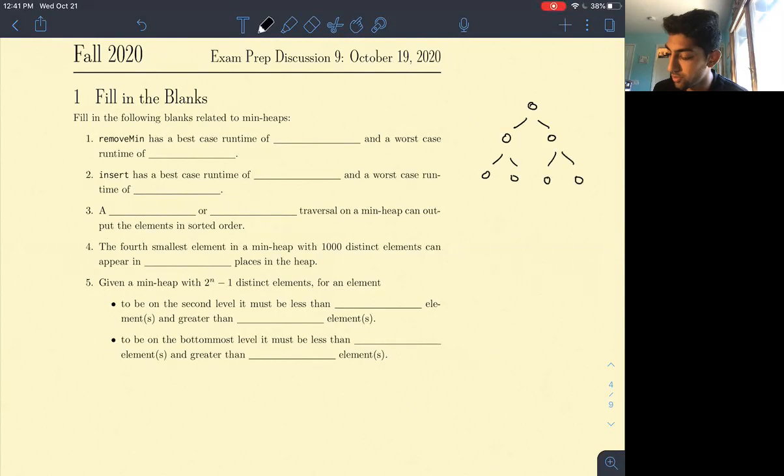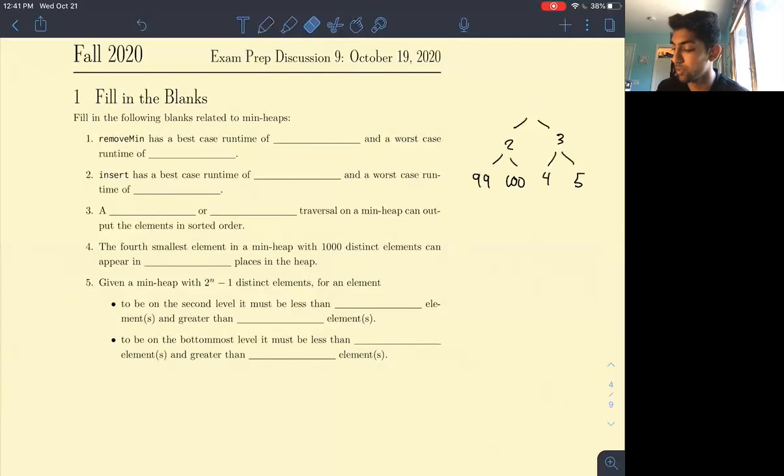Okay, so if we call remove min, what happens is we remove the minimum, then we promote the rightmost, bottommost element to the top temporarily, and then we'll bubble it down until it's in its happy spot. Looking at numbers, let's say we have 1, 2, 99, 100, 3, 4, 5.